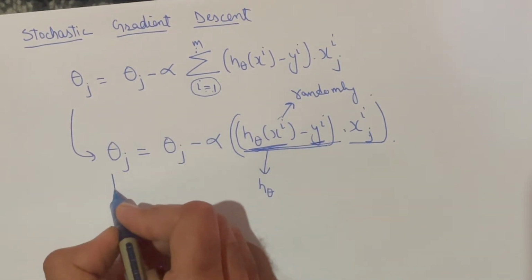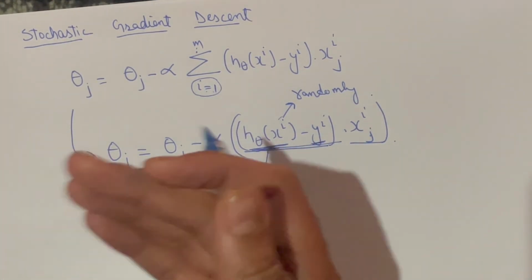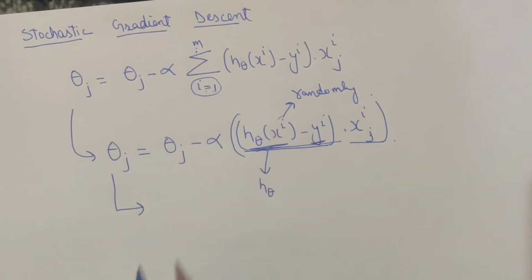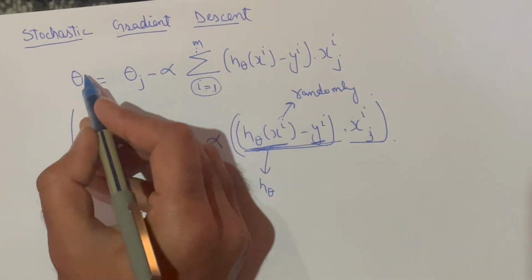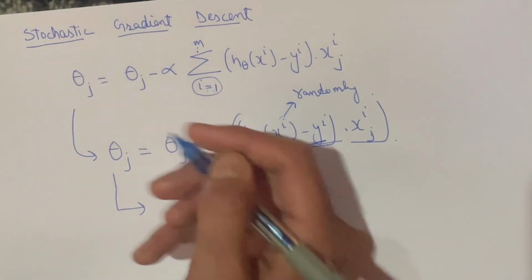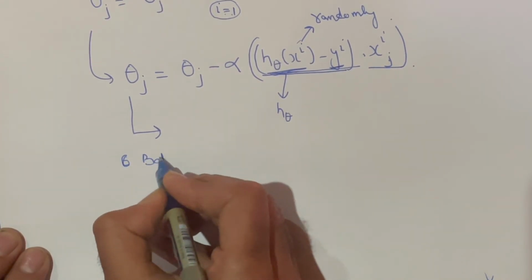So the updated theta j values are obtained very quickly because only one example is used, whereas there the entire data set was used to make updates on theta. So let me write the differences here: batch and stochastic.